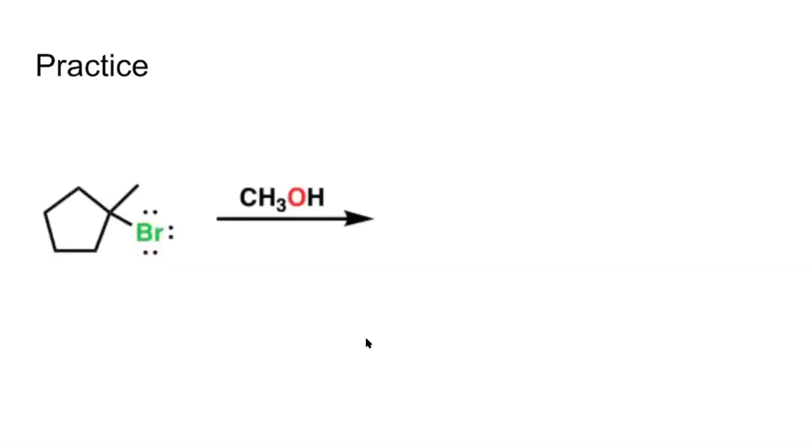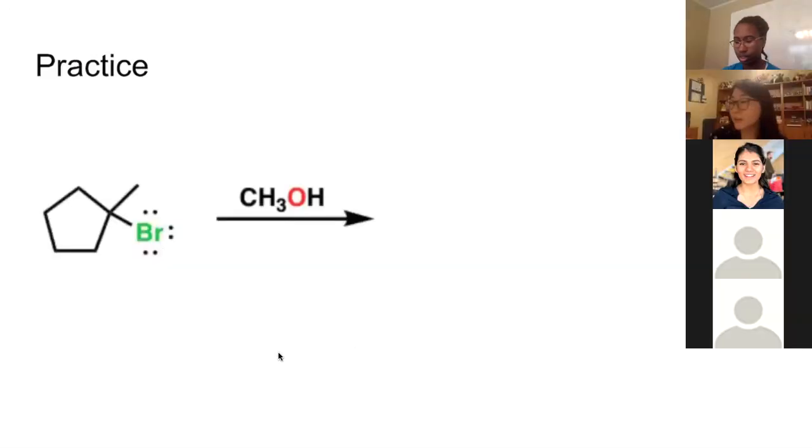All right, so we're going to be doing some more practice. Here's our next molecule and reaction. We're going to have CH3OH, and what kind of solvent is that? Does anyone know? Polar aprotic. Yeah, exactly. Also, not particularly a good nucleophile or base.